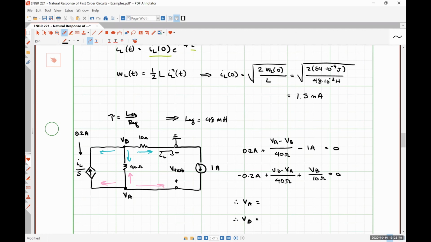All right, so we have 1 over 40, negative 1 over 40, 1 minus 0.2. And then we have negative 1 over 40, 1 over 40 plus 1 over 10, and then positive 0.2.